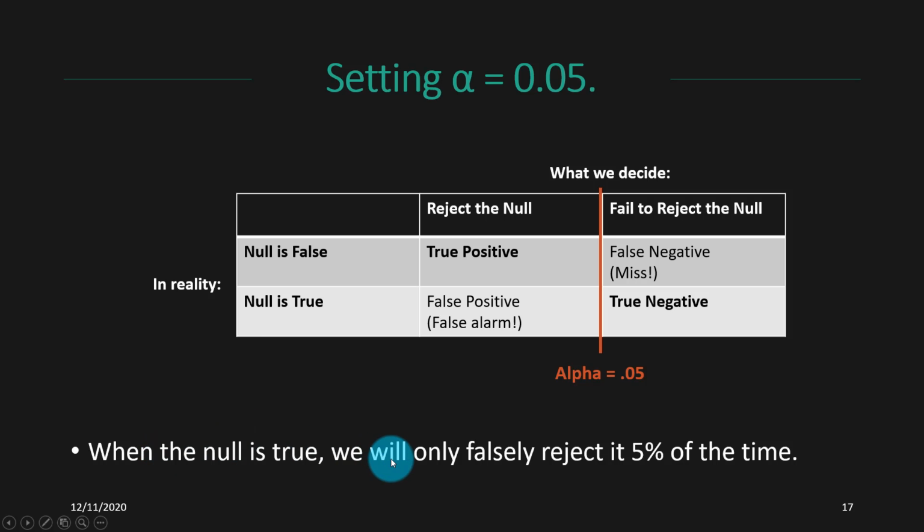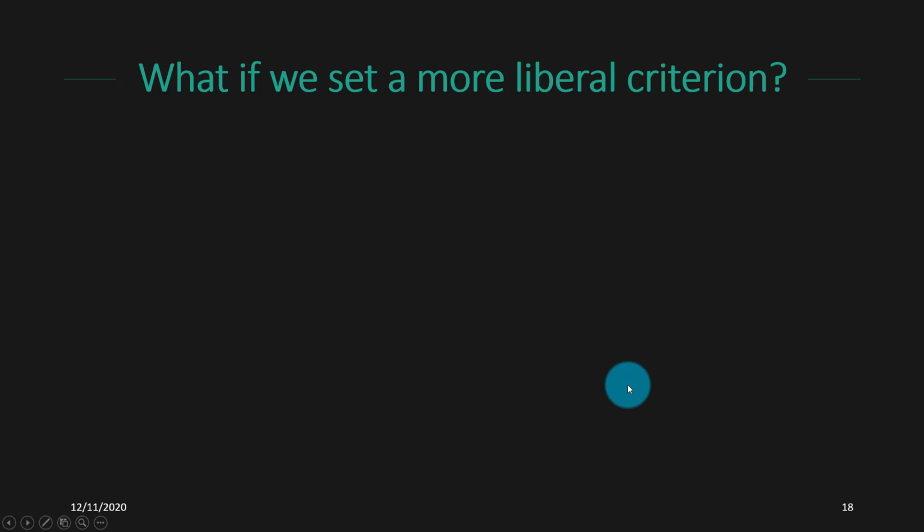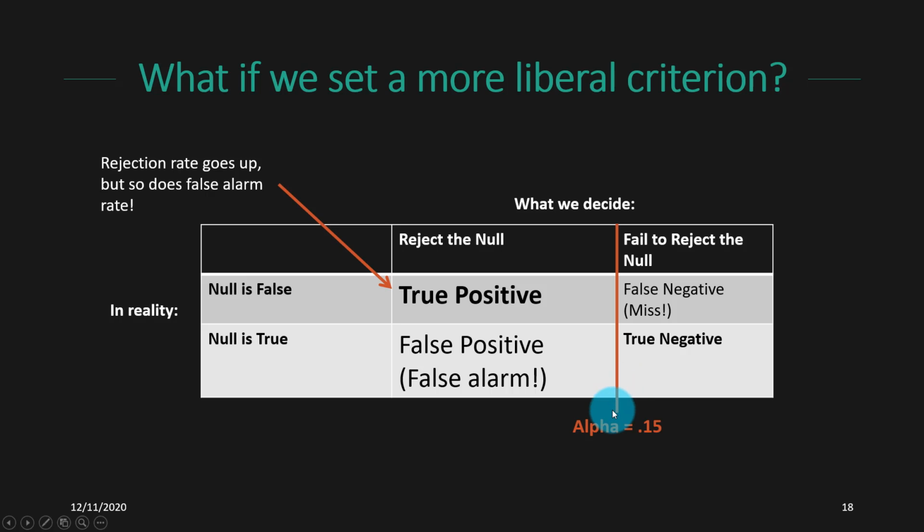So when the null is true, we will only falsely reject the null 5% of the time if we set alpha equal to 5%. So what if we set a more liberal criterion and we move that in a different direction? So if we set alpha equal to 0.15, right, now we're saying a wider range of sample statistics will be treated as evidence for rejecting the null.